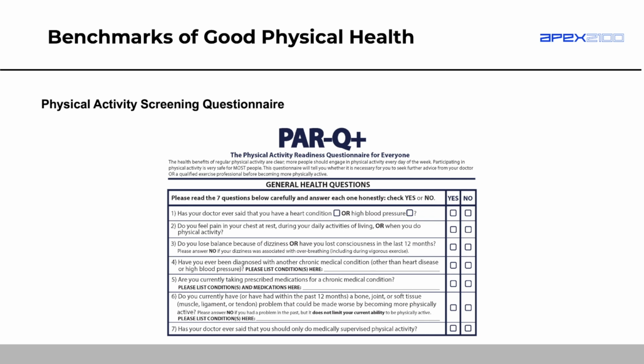It's the Physical Activity Readiness Questionnaire, and it's designed to assess an individual's readiness to engage in physical activity or exercise, and it helps to identify if there's any potential health risks or medical conditions that might need some special consideration before doing this exercise program.